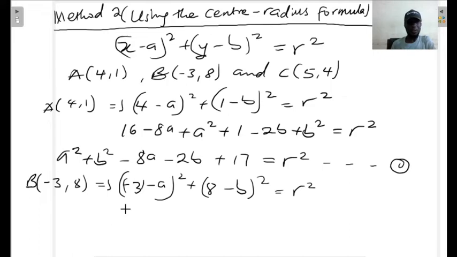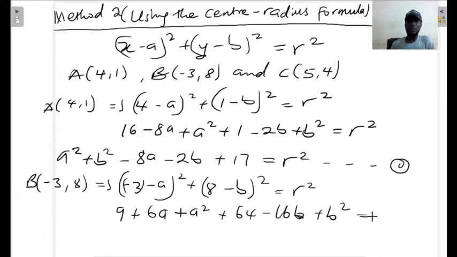And this will give us 9 plus 6a plus a squared plus 64 minus 16b plus b squared equals r squared.